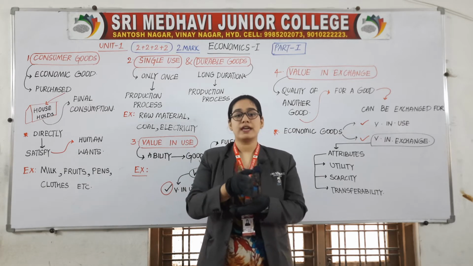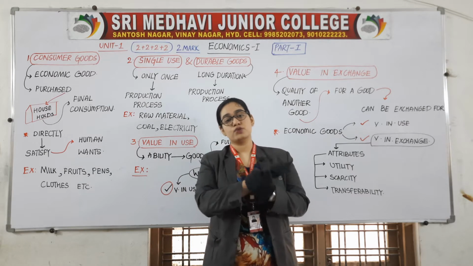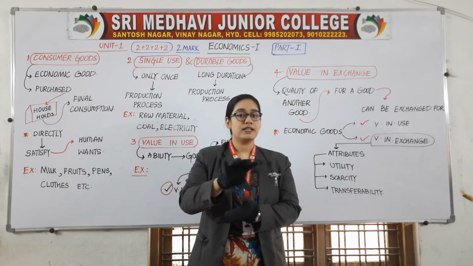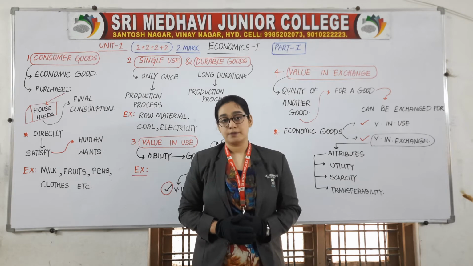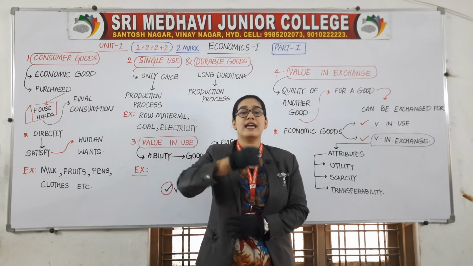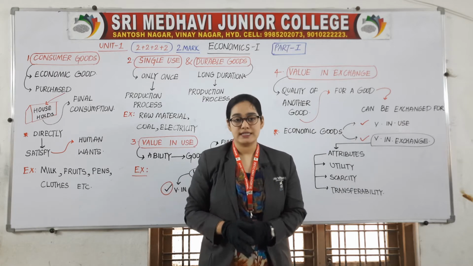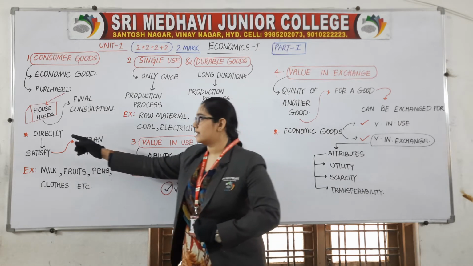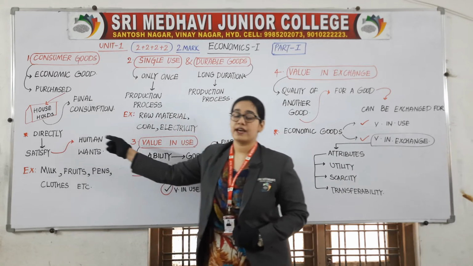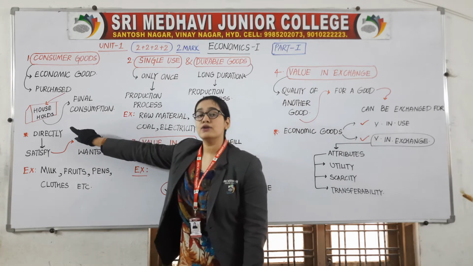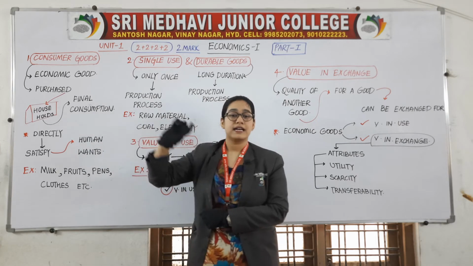You need to cook them, you need to cut them, you need to wash them, and there is a particular recipe, then it is used for the final consumption. But consumer goods are not having any further steps or processes. We can consume the goods directly. So it can directly satisfy human wants, and it is used by households for the final consumption.